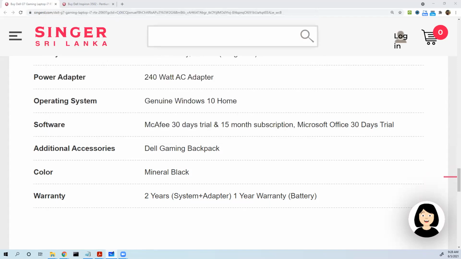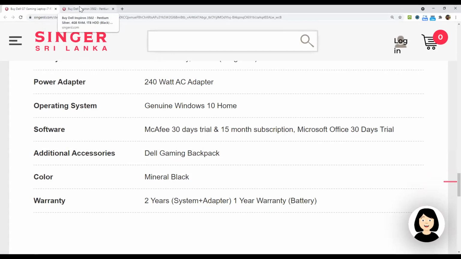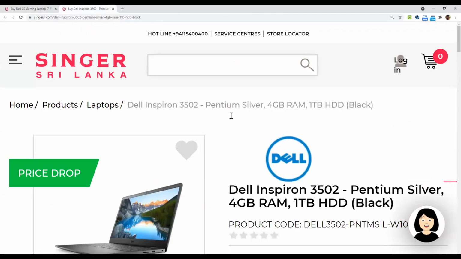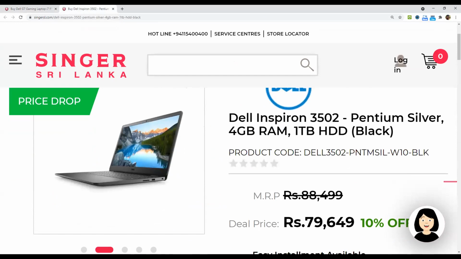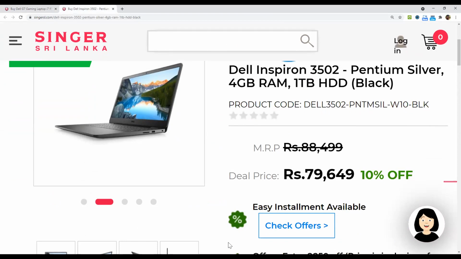I think we'll go for another one. This time I want you to do it alone. So here is the specification for another machine, and I want you to take down the same details as we did. So here you can look at the price.